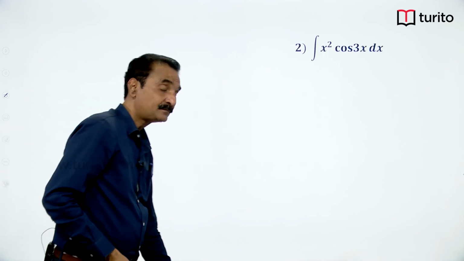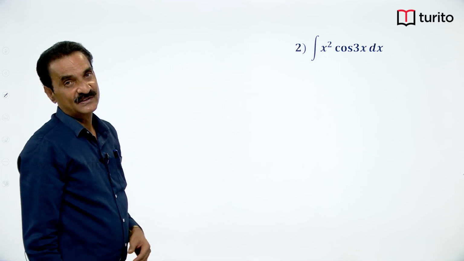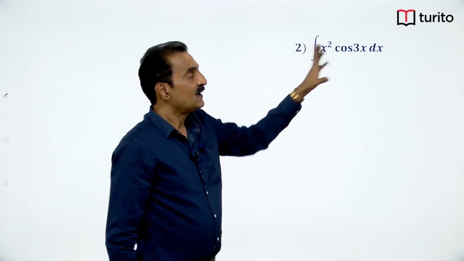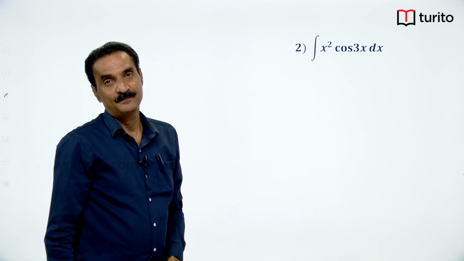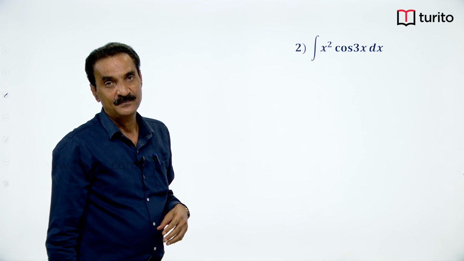Another example, integral x square cos 3x. Again algebraic and trigonometric. Algebraic is first, trigonometric is second. Okay.